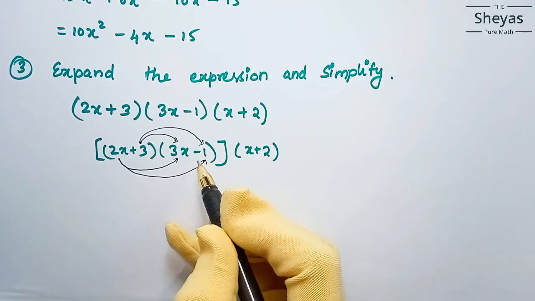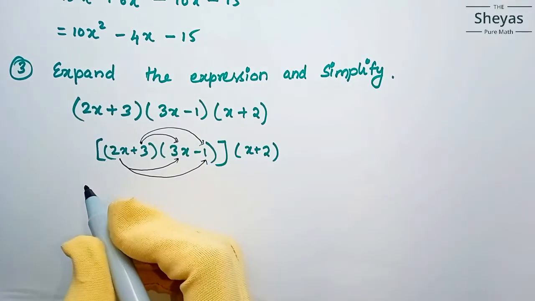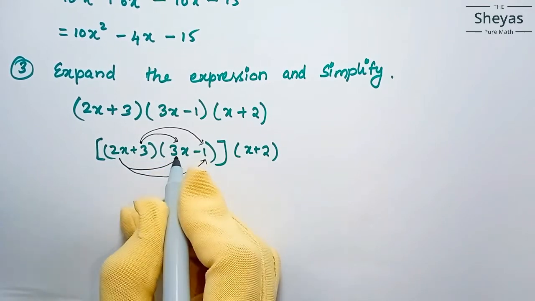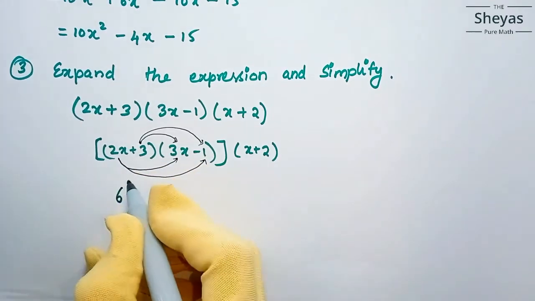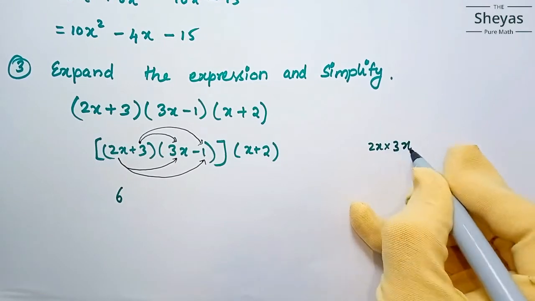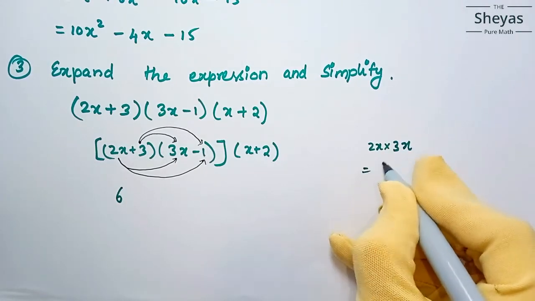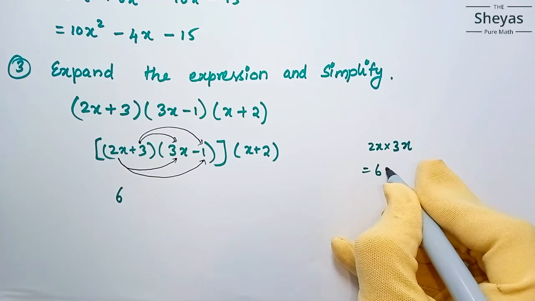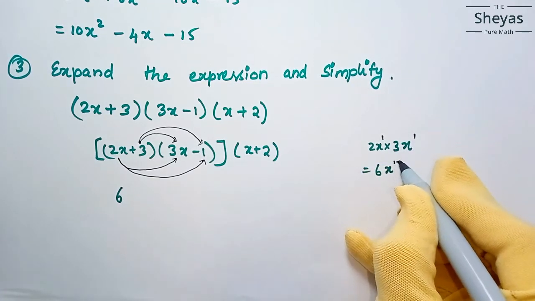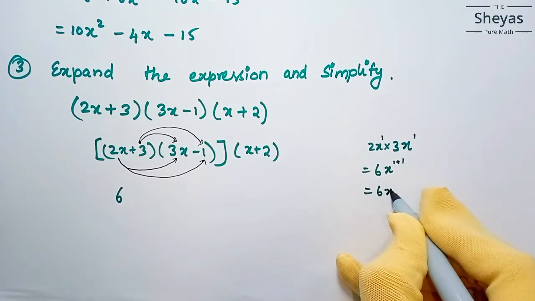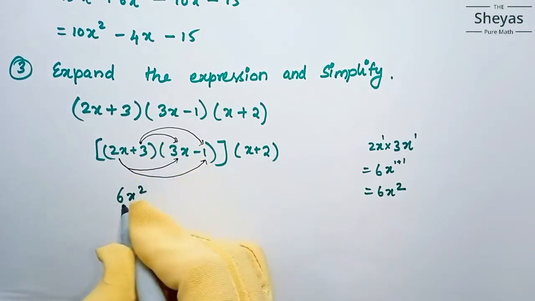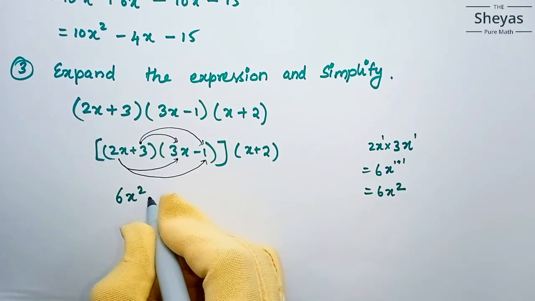So let's start multiplying. 2x into 3x: 2 threes are 6, then x into x, power 1 plus power 1. So directly you can write 6x squared. So 2x into 3x is 6x squared.